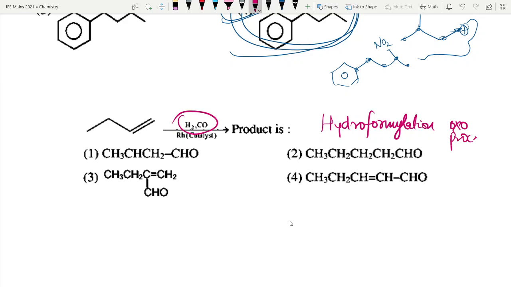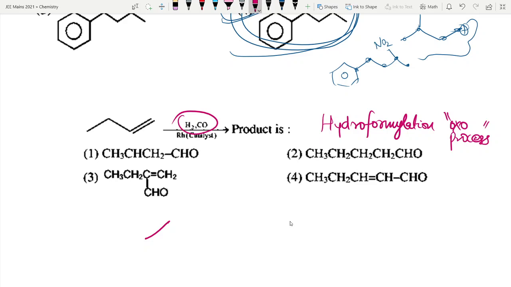Oxo process. So this has also been asked before in this year, and for the preparation of aromatic aldehyde. And this time this will not occur. This will not be used to make an aromatic aldehyde, but very much similar kind of situation, and can't go into the mechanism because it's very complicated.